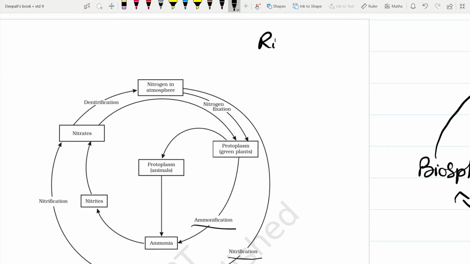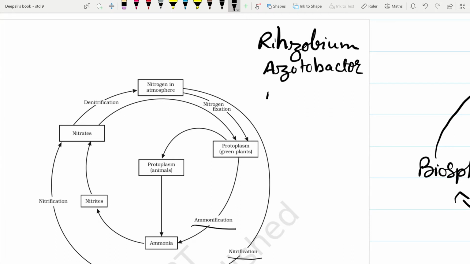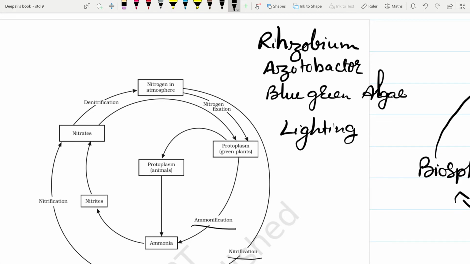These are the three organisms which can fix free nitrogen and convert it into nitrogen compounds, and even lightning reacts with free nitrogen and makes nitrogen oxides, that is NO2 or NO3, nitrites and nitrates.